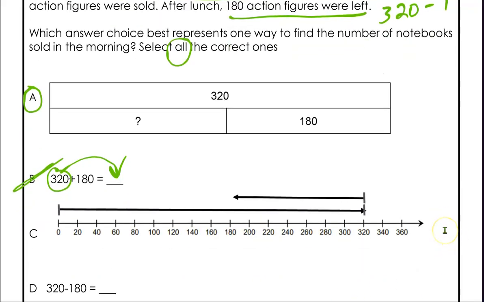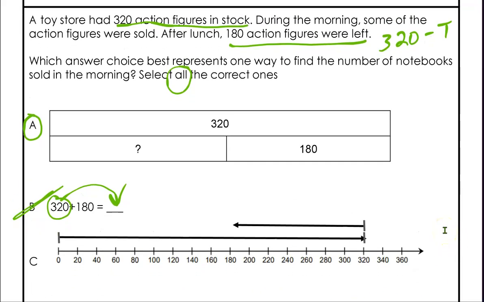Now let's look at C. C is a number line. It goes to 320, yes, which it should because that's our total. Then we have it going backwards to 180. Okay. Now, we know that 180 is what we're going to take away, but that doesn't mean we're going to stop at 180.